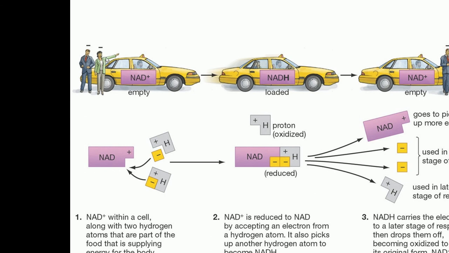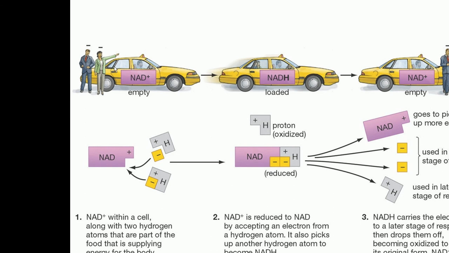It's an analogy which is being shown: this cab is empty, and when the cab is carrying the electrons, or when NAD plus, the electron carrier, has taken the electrons, it becomes reduced.